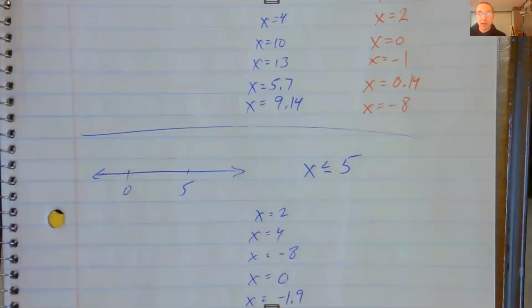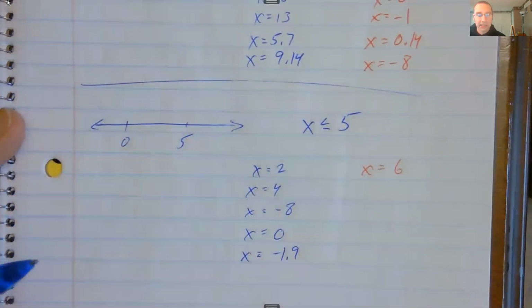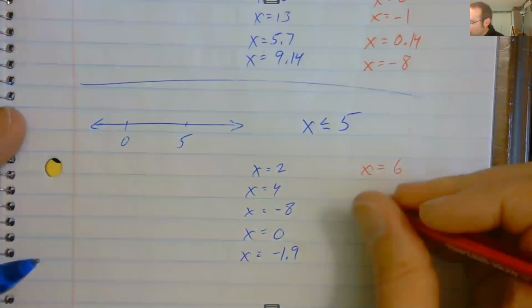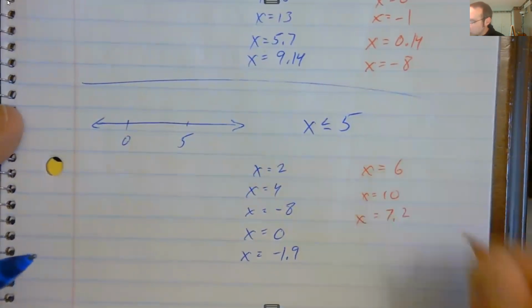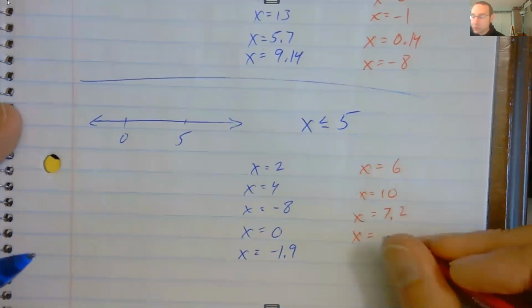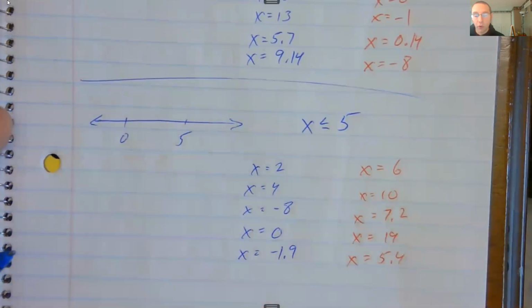And then some things that would make that false: x equals 6, that's false. 6 is not less than or equal to 5. X equals 10, x equals 7.2, x equals 19, x equals 5.4.